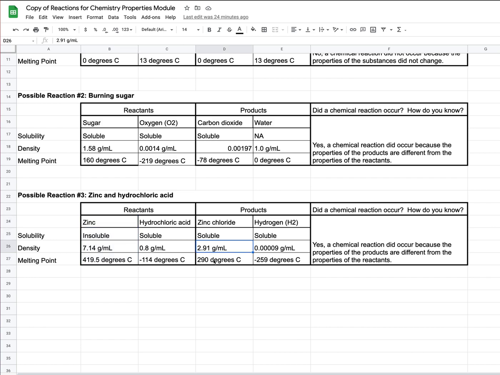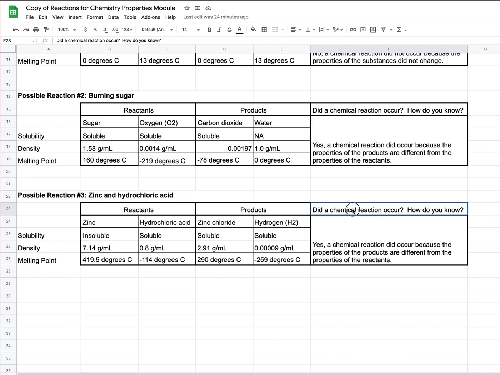Different densities, different melting points. Hydrogen, also soluble in water, very reactive substance, super low density, lower even than the density of oxygen or carbon dioxide. Melting point really, really low, negative 259. So, properties of hydrogen different from the properties of hydrochloric acid or zinc.